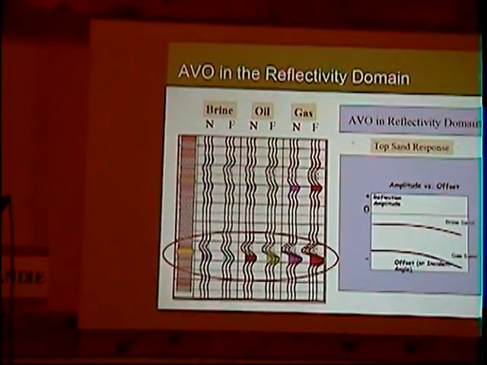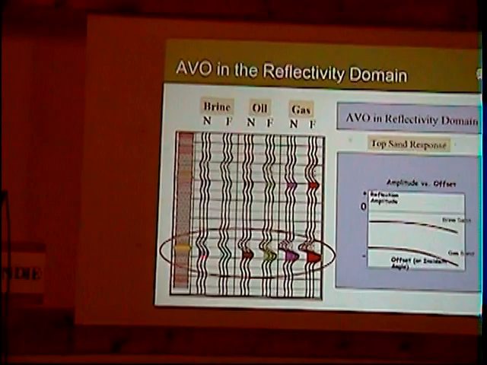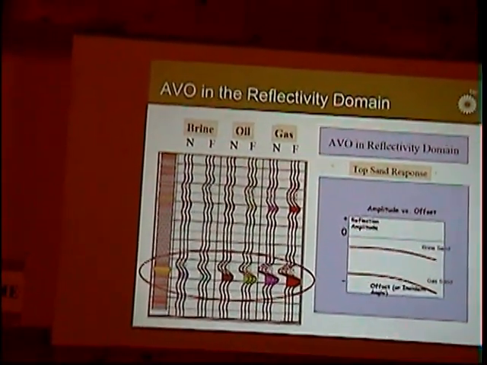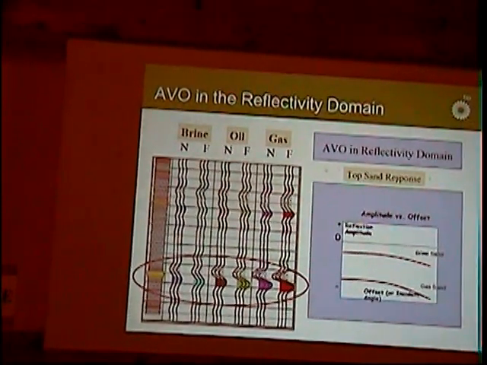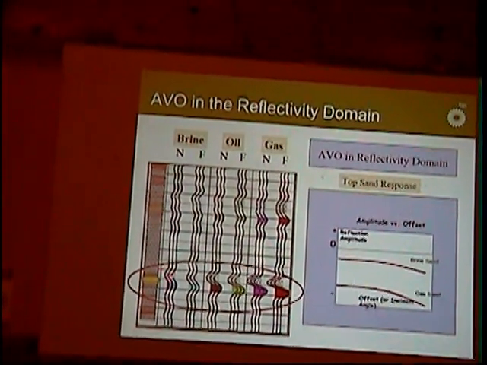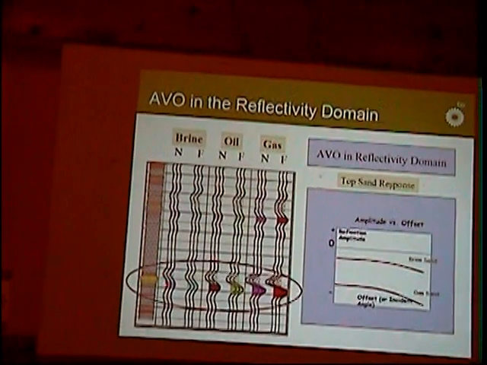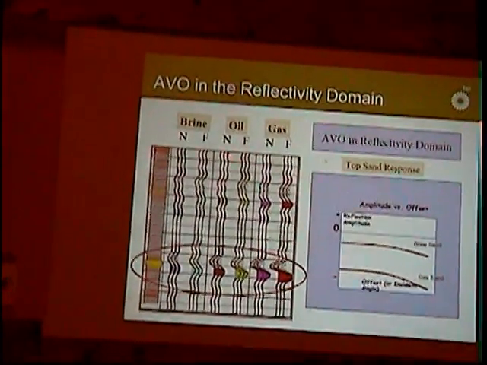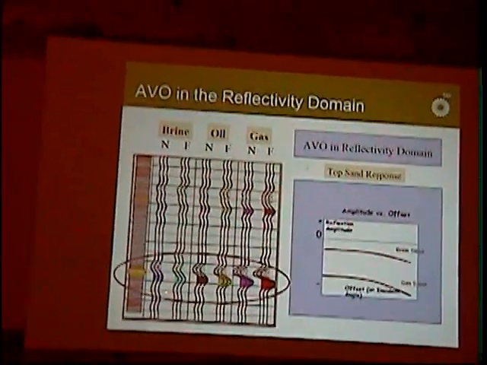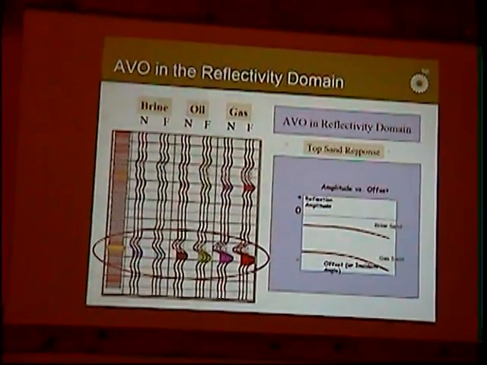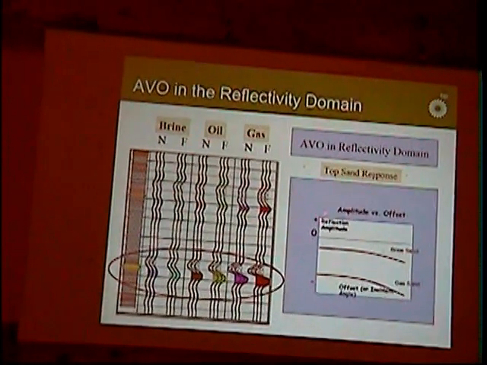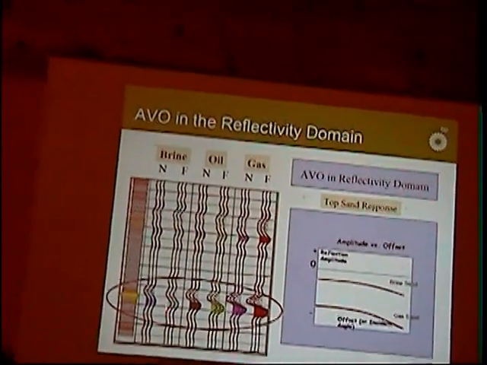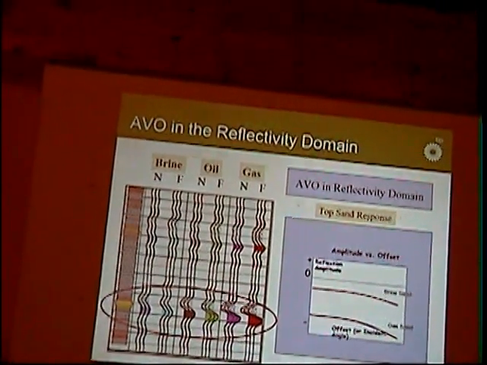And for this, in this case here, this sand is showing a trough, meaning there is a negative reflection coefficient. If I fill that sand with brine, on my nears, so these are my near traces here, these are my far traces here, and so on, near, far, near, far. So if I were to plot this response in cross-plot space here, this is amplitude versus offset. Again, this is my nears and my fars. I do have a negative reflection coefficient.